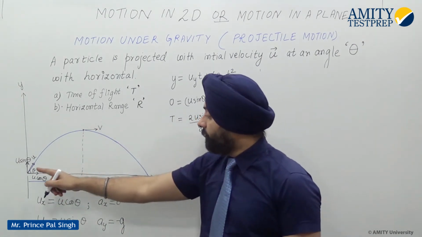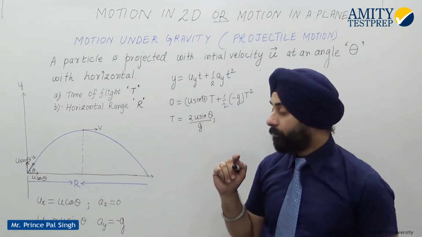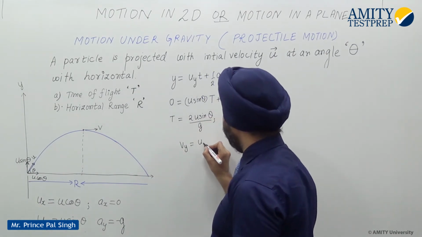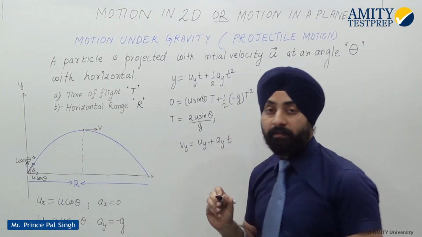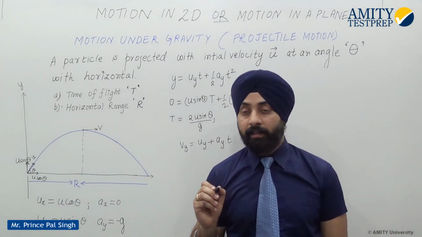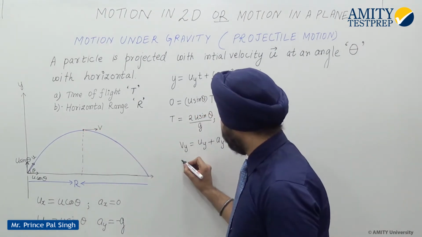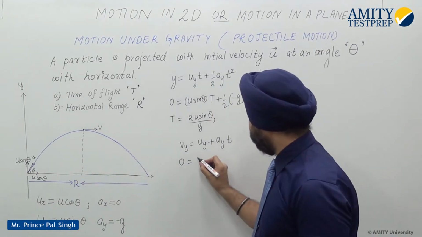So let's find out the time taken from the point of projection to reach the top. For this I will use the first equation of motion along y-axis, vy equal to uy plus ay t. So vy is 0 over here because the velocity is horizontal, and uy is u sin theta.